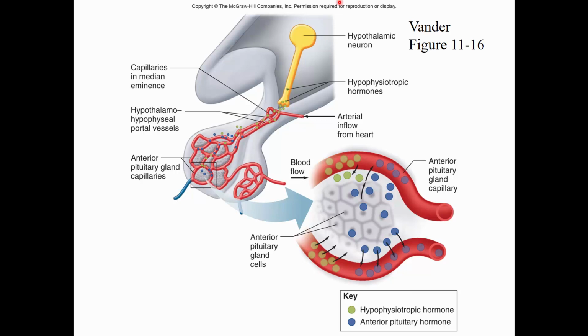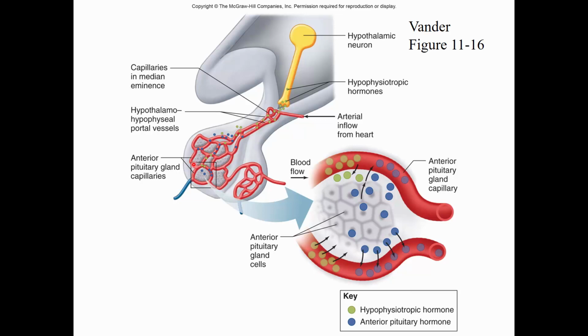All right, so back to the anterior pituitary. Here's our neuron releasing hormone into a capillary bed. It goes through the portal system and finds its receptor on cells in the anterior pituitary. The anterior pituitary, its old-fashioned name is the adenohypophysis. It is a true gland.